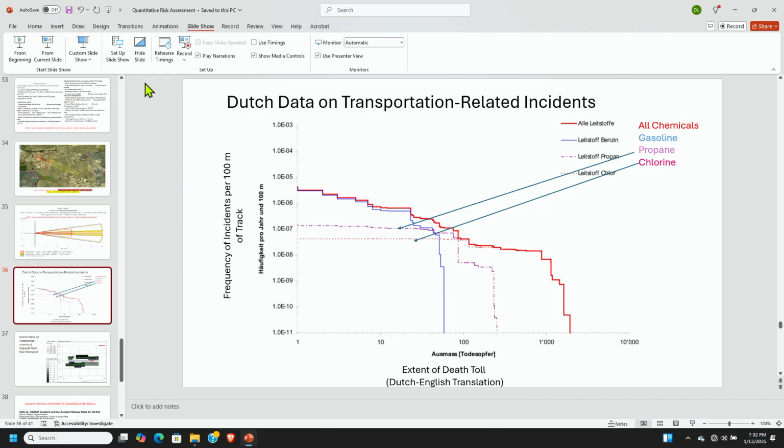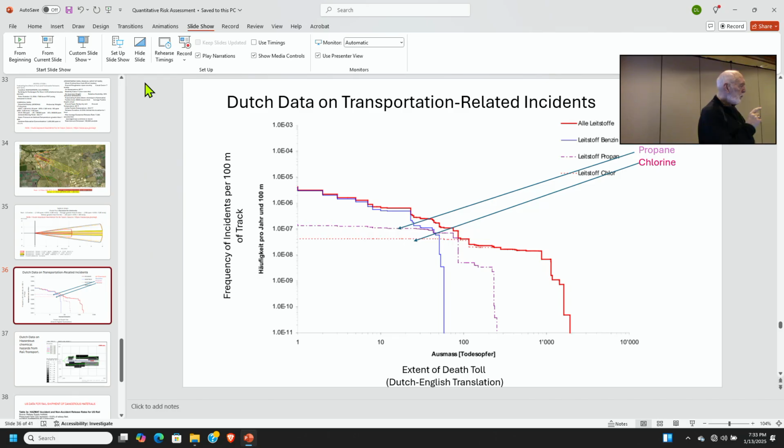Now, understand that we're dealing with the Dutch, and that's a much smaller community, but they do have a chemical industry. You can see that propane and chlorine are also listed, so you get some sort of idea as to what the death toll might be from some of those releases.